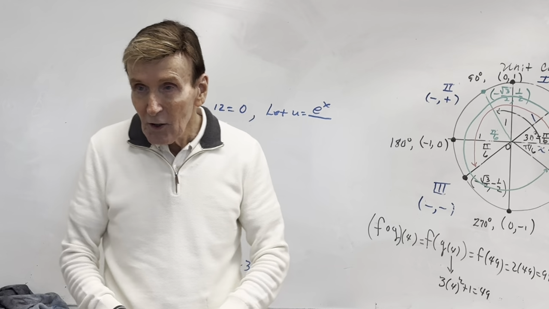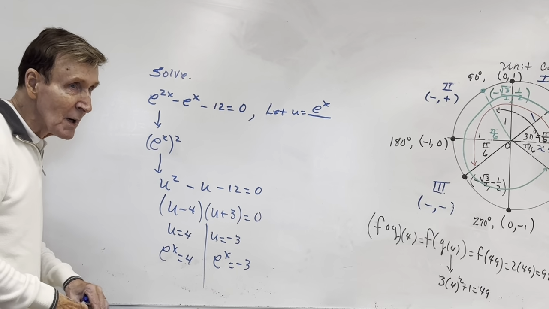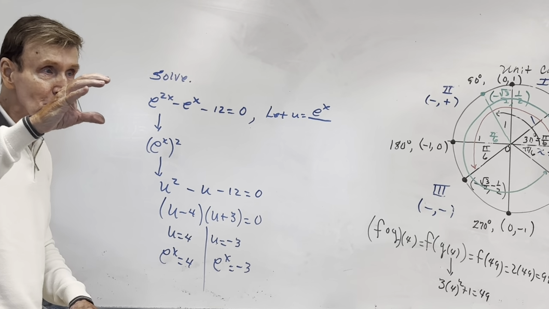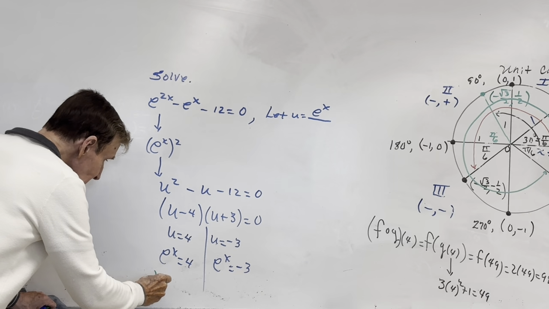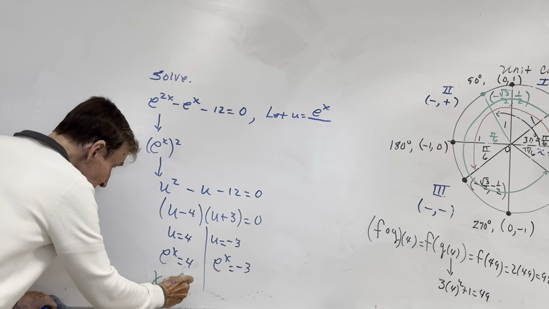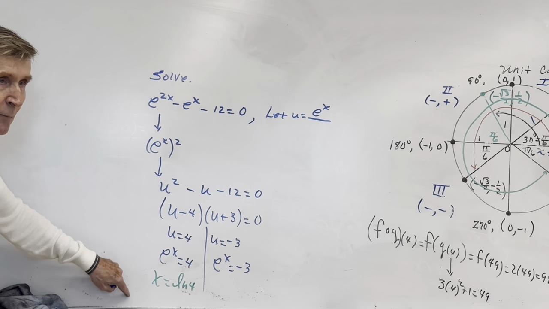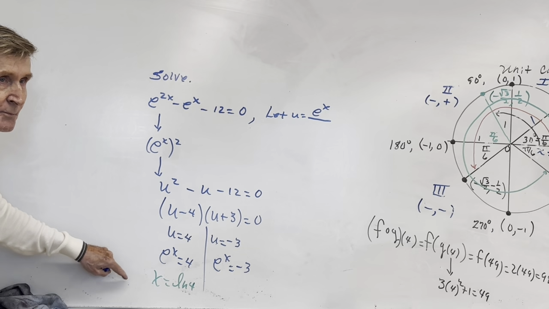Does anyone think they know just by merely observing this what x must be? ln of 4, maybe another way to express it. No, go for it. ln of 4. x is equal to ln 4. These two are saying the same thing.